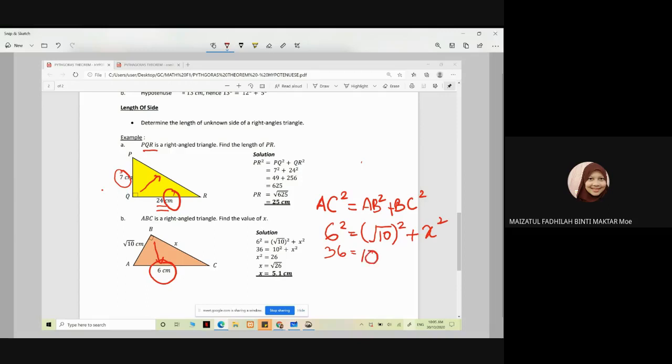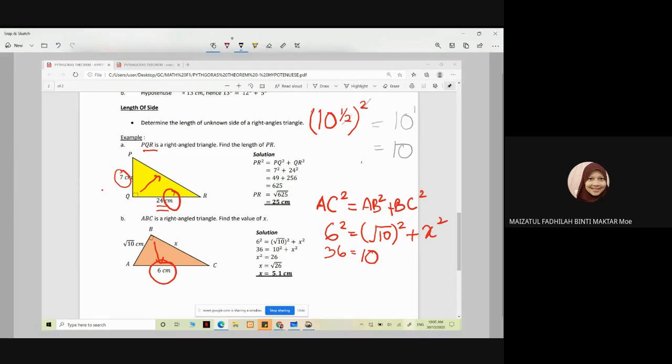You will get 10 again. Why? We can see it like this: the square root is equal to the power of 1 over 2, times 2, so you will get 10 to the power of 1, which is equal to 10.